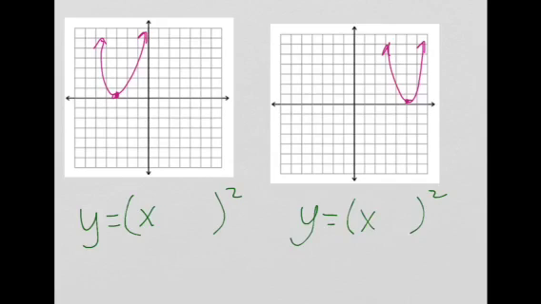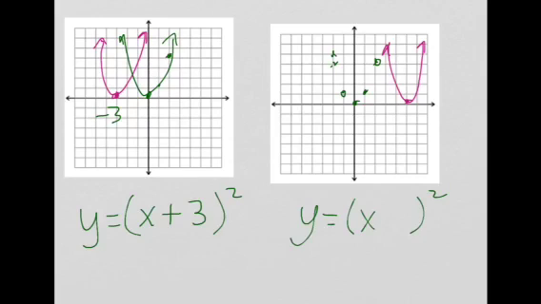So our parent function is here, and it has moved 1, 2, 3 to the left. But we know that the sign inside of the parabola is going to be just the opposite. So if this is -3 to the left, then it's going to be an addition sign inside. Similarly, we have our parent function here.